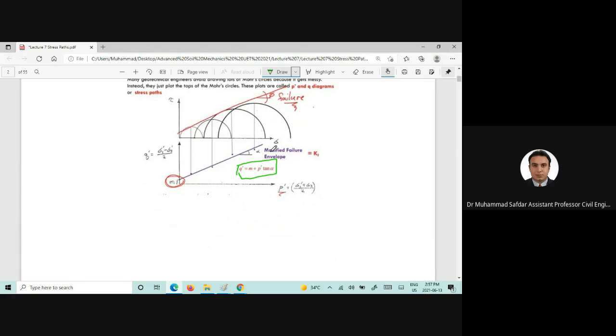If you look closely, we can relate that to the Mohr-Coulomb failure envelope as well.